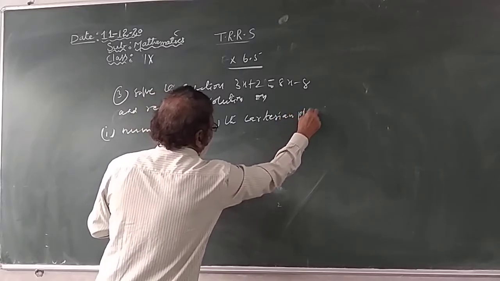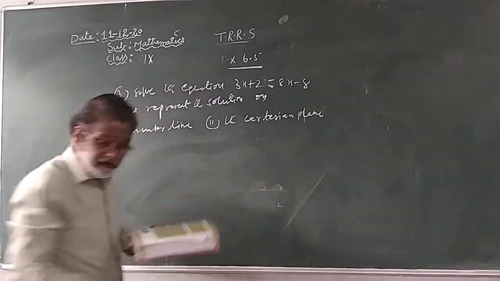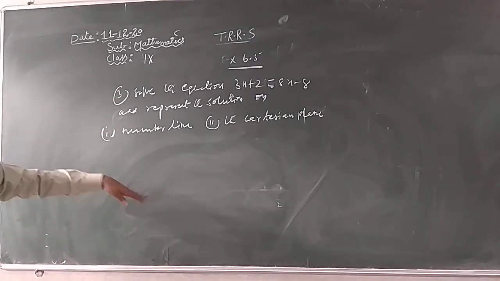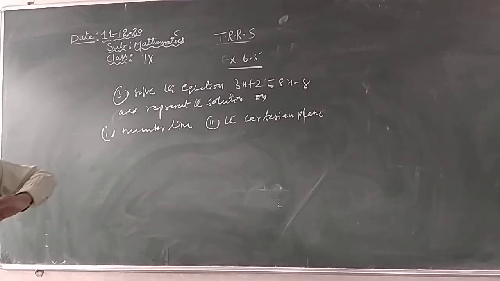Cartesian plane means x and y axis. Okay, yes children. So first to solve it, whatever solution you get, the x value should be represented on the number line, like in the earlier problem.